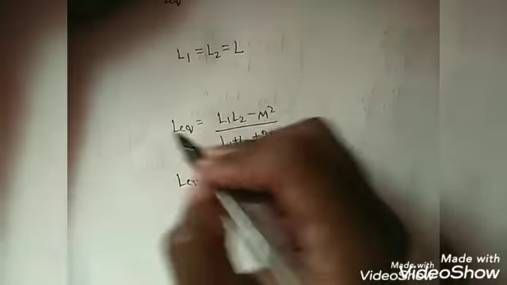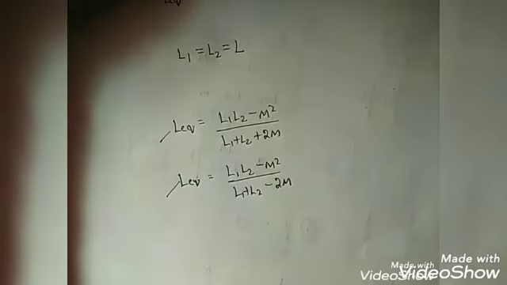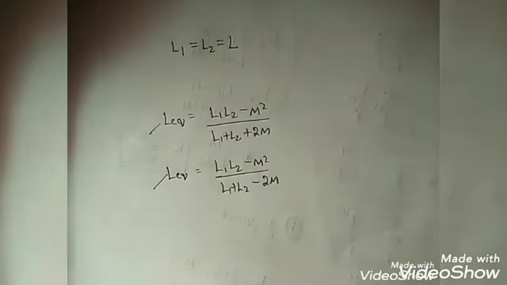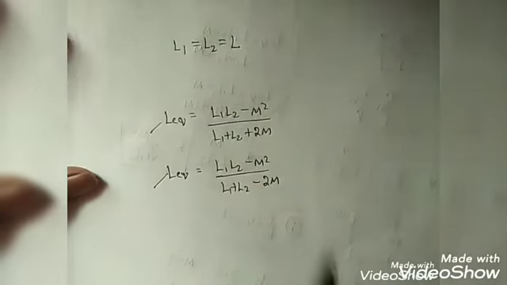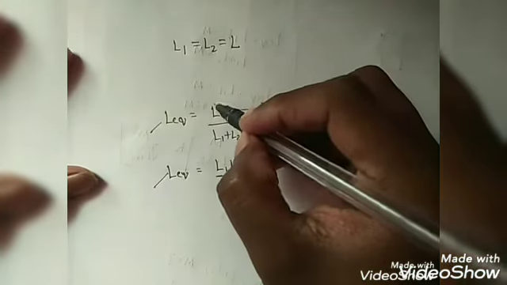We get a valid answer from both formulas, so we want to find in which formula we get the maximum value. For that we need the values of L1, L2, and M.